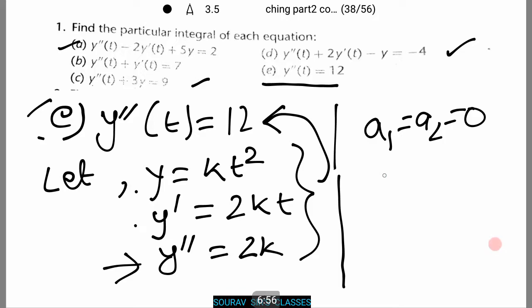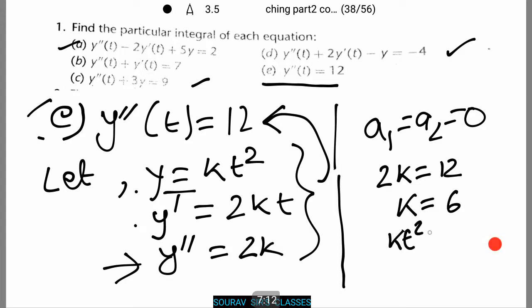Therefore the value comes 2k equals 12, or k equals 6. Now in order to get y, we need to multiply t square on both sides. Therefore kt square equals 6t square. Therefore yp equals 6t square. There you have it. It's that simple.